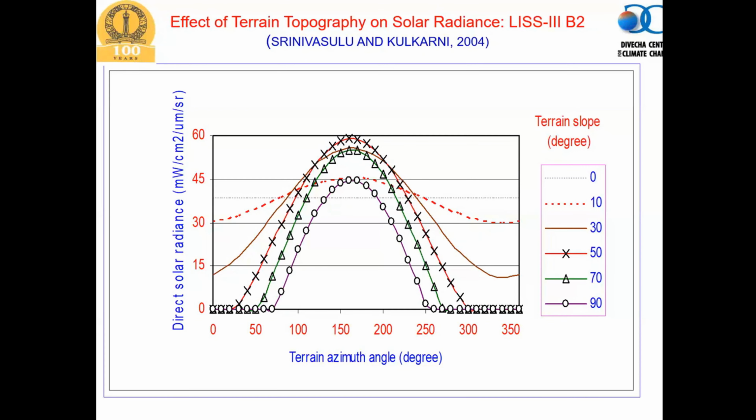If the terrain slope is 0 degrees, that means it is a perfectly horizontal surface, then this is the amount of incoming solar radiation you can see. There is no change in incoming solar radiation; you can see this line going here. Something around 40 microwatt per centimeter square per micrometer per steradian energy is going to come in.